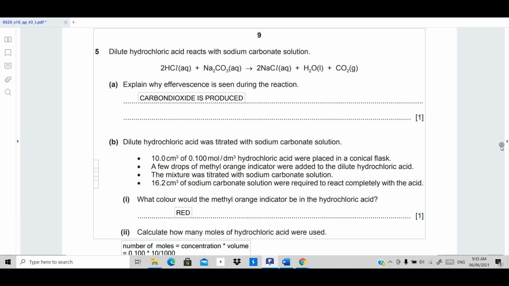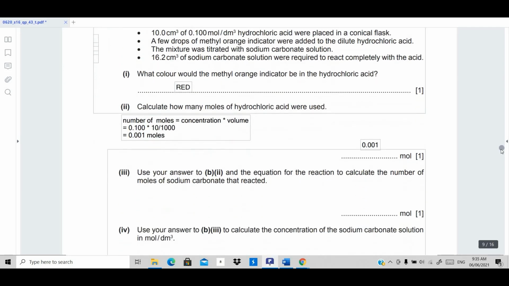We firstly need to mention the molar ratio, which is what they're asking about. The molar ratio for HCl to Na2CO3 is 2:1. You need to be familiar with the topic of moles for these type of questions.